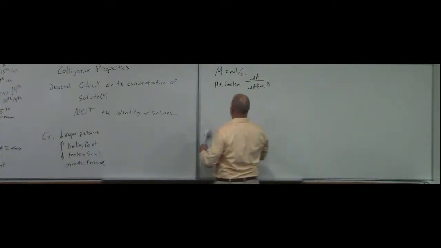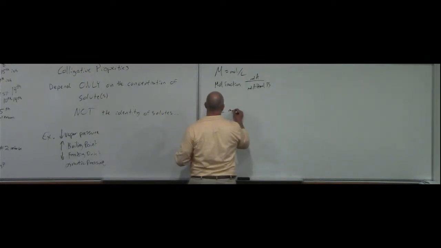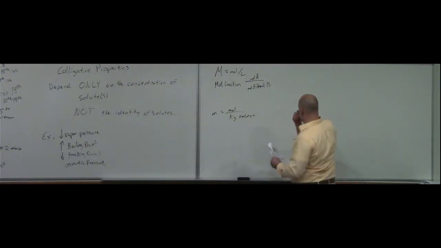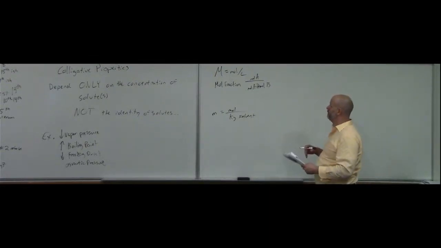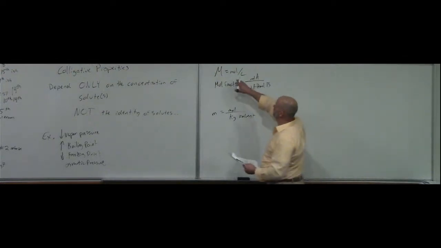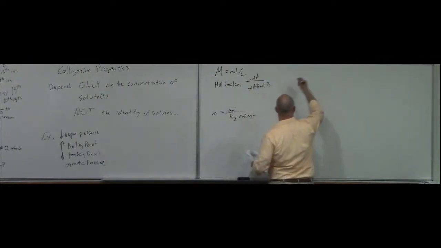The other one that we're going to deal with is molality. Molality equals moles per kilogram of solvent. So we're going to be dealing with these two coming up. And of course your question should be, why? This is moles of solute over liters of solvent.